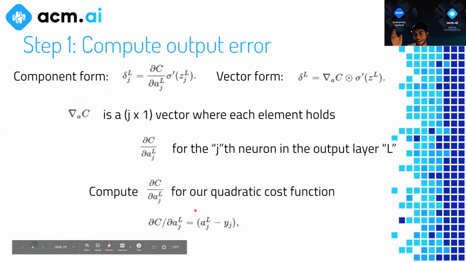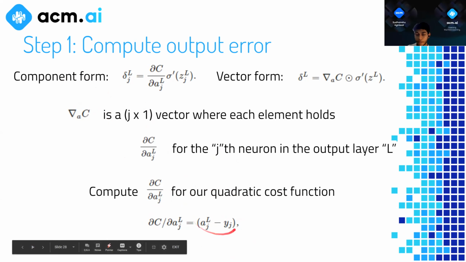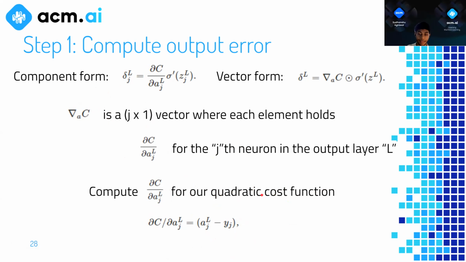Again, a little bit hand-wavy how this came about, but this is what the formula ends up being. And in fact, if you all have done linear regression before, this formula is exactly the same as it was back then, because the cost function hasn't changed. This quadratic cost function is the mean squared error, and the derivative of that is exactly the same.